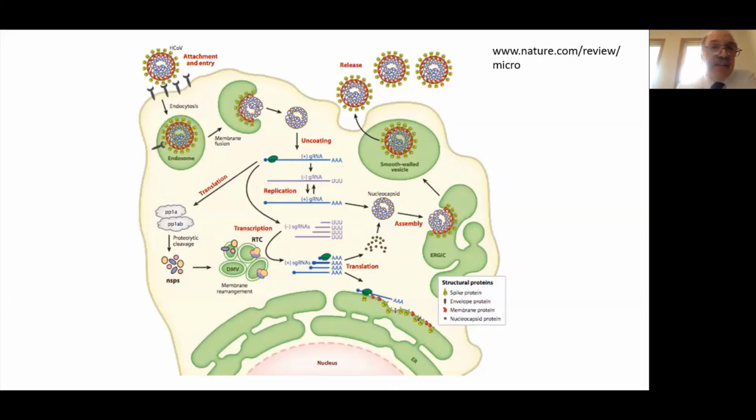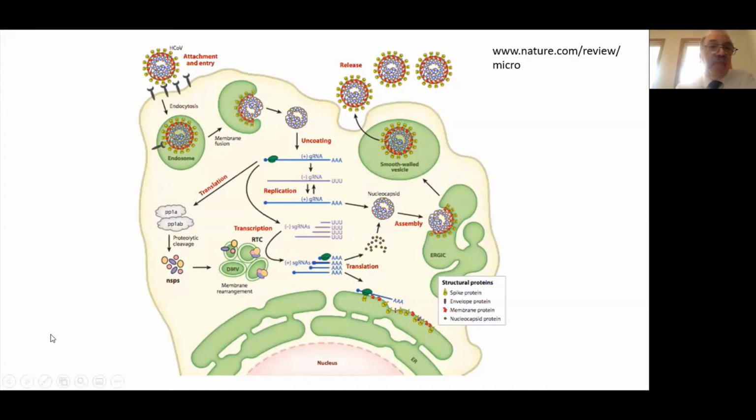In any case, this interaction is critical. The interaction is required between the virus and this receptor. It's brought into the cell by a process called endocytosis, which allows the virus membrane to fuse with the plasma membrane and enter into an organelle called the endosome.